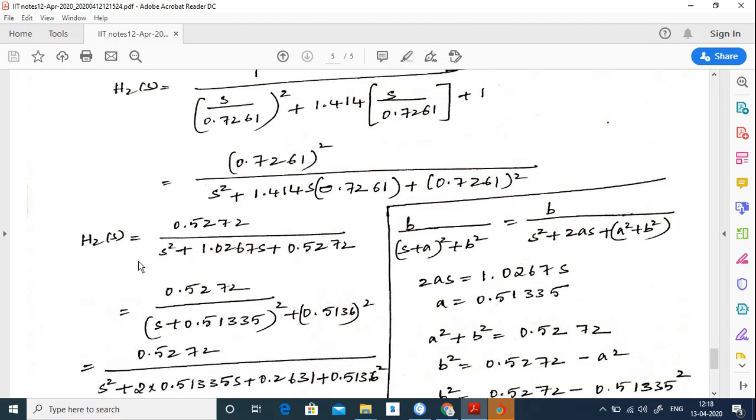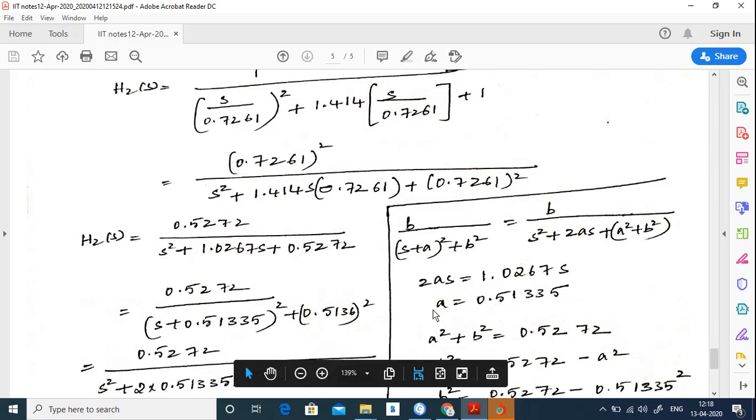So I'll try to equate the denominator, and through that I'll try to find out the values for a and b. So this, I'll write it. This is the standard one. It can be written like this: s square plus 2as plus a square plus b square. After you expand this, now I'll compare this with this.